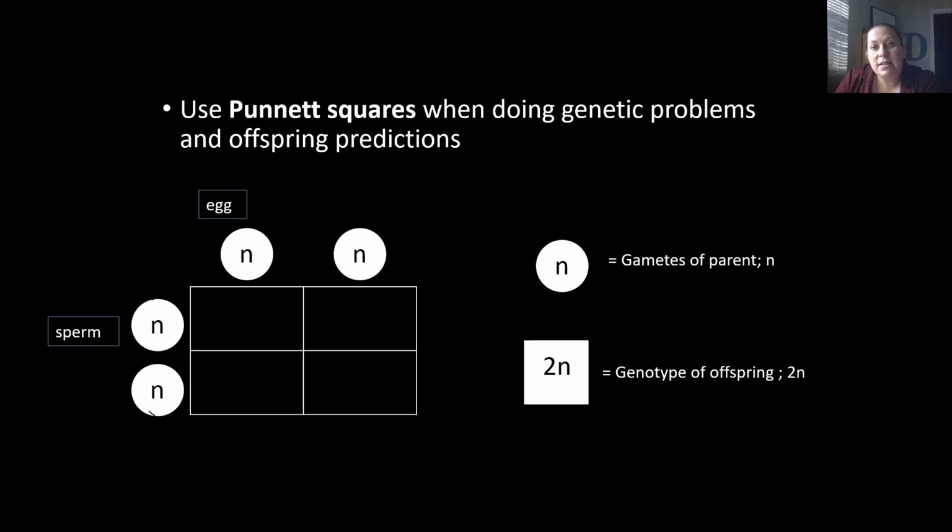Each of the boxes then represents the genotype of the offspring, because we bring the information down from the top and over from the side for each of the boxes. This allows us then to determine with 2N what the genotype of the offspring is, and then in turn what the phenotype will probably be. Okay, and so this is what it looks like with the whole idea of egg and sperm, and we're using the Punnett square.